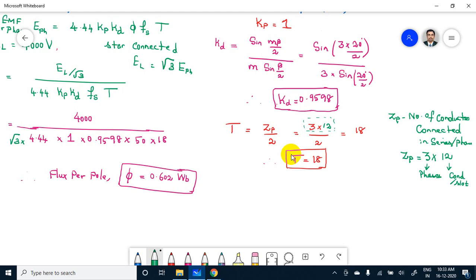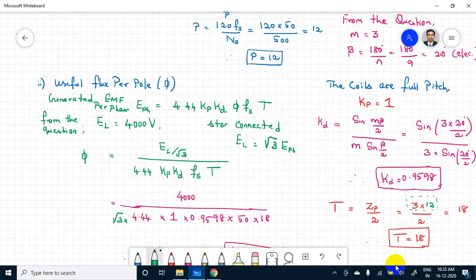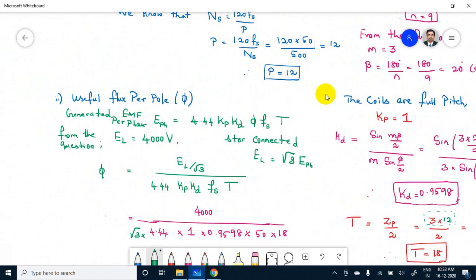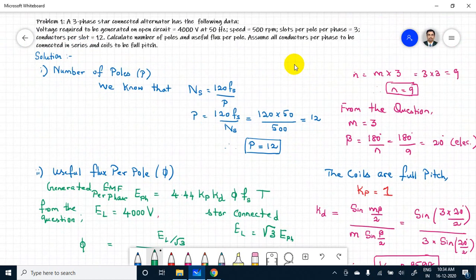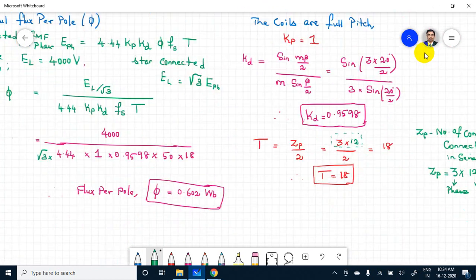Three into 12 divided by 2, you get T, where T is the number of series turns per phase, because it is connected in series. In your question I clearly mentioned it is series; all the conductors per phase are connected in series.